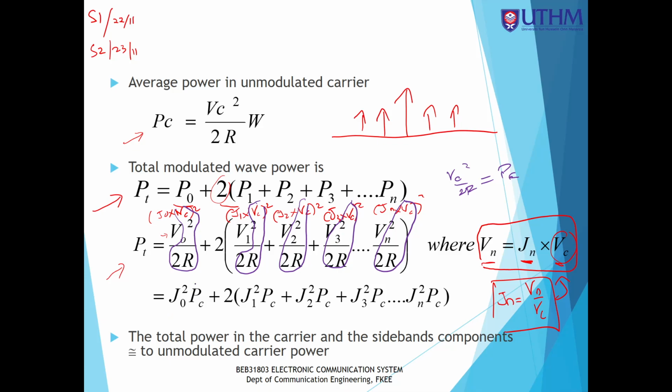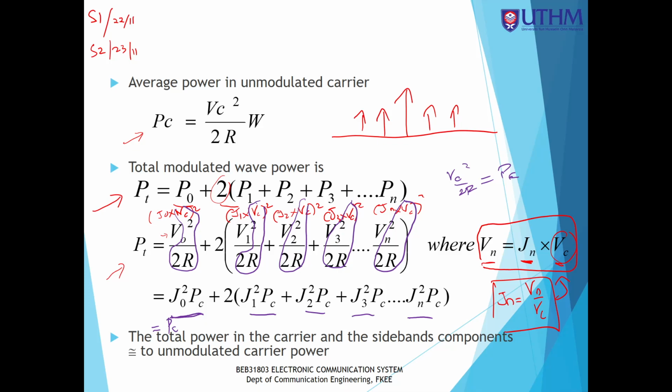So that's why each of these has the carrier power. So J0 square Pc plus 2 times J1 square Pc, J2 square Pc plus J3 square Pc until Jn square Pc. You will be surprised later that all of this is actually equal to Pc.